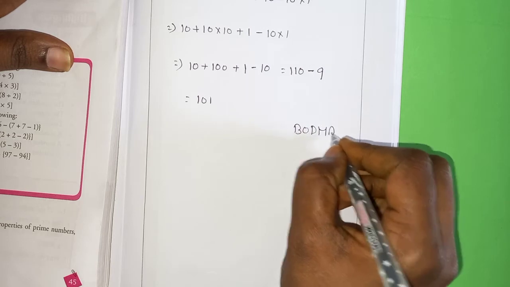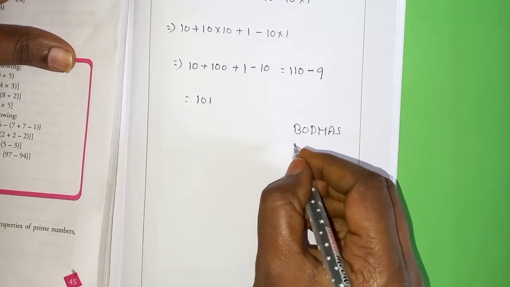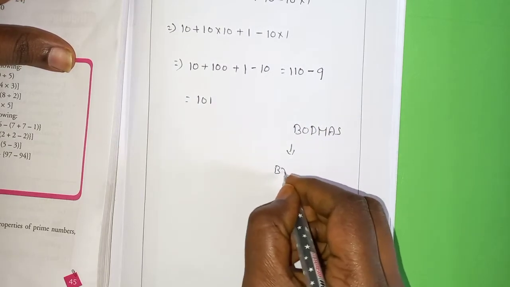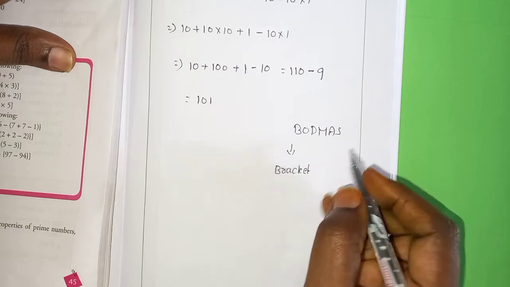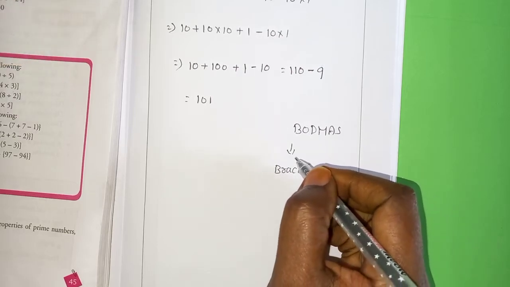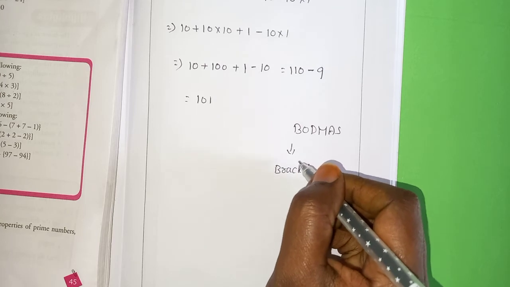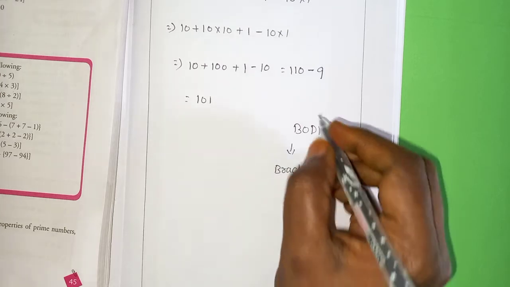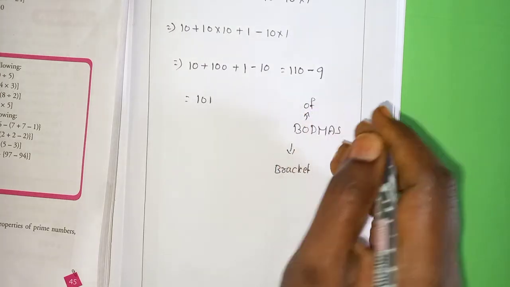BODMAS. Here B stands for bracket. We have 4 different types of brackets, and we know the difference between those brackets also. The second one is of.